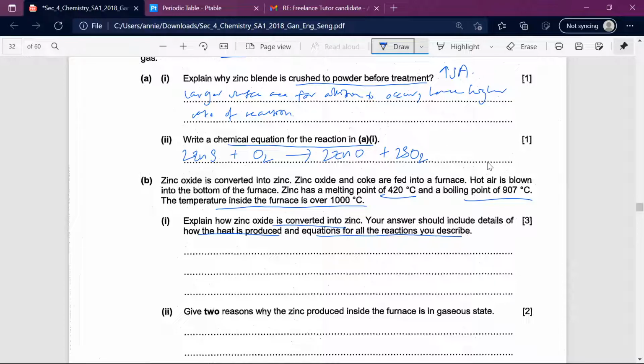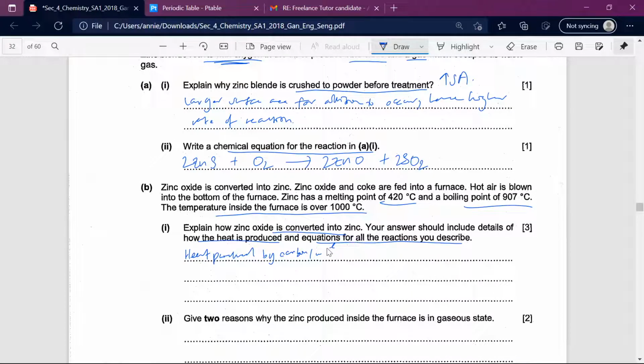Okay, so you know that in the furnace, what's the most important reaction to produce the heat? And that is the burning of the carbon, or you can call it coke. So let's write it down. Heat produced by carbon, coke, in oxygen or air.